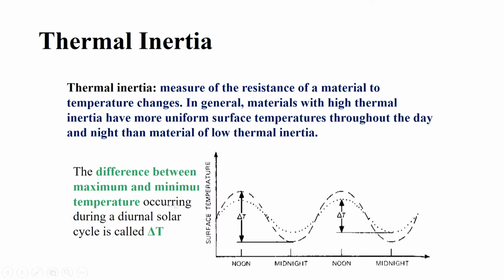The difference between the maximum and minimum temperature you can measure with the daytime and nighttime imagery, so that is the delta T.